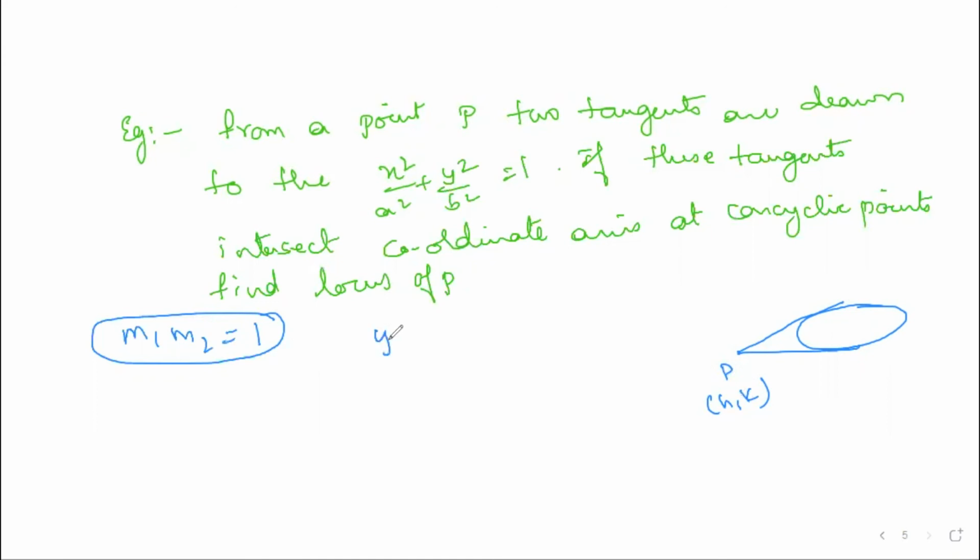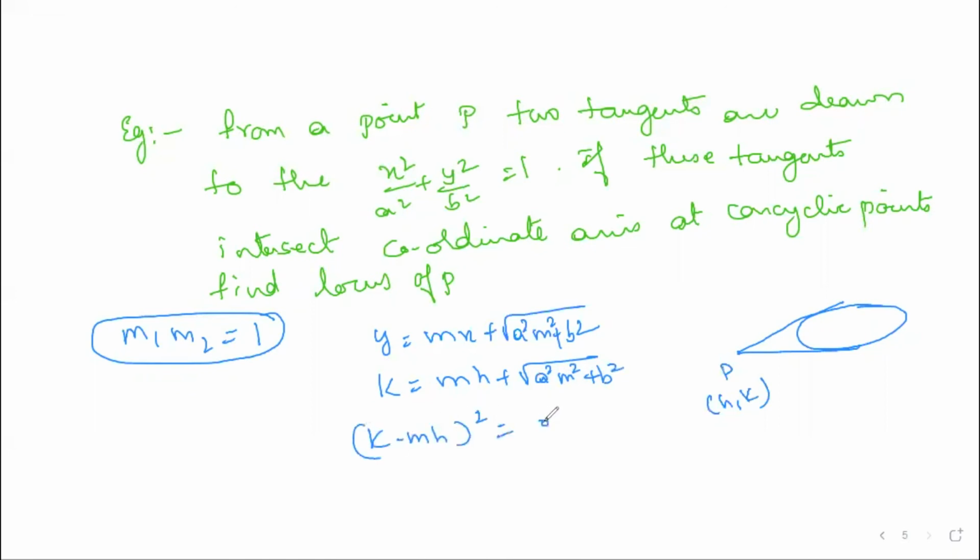The general tangent to the ellipse is y is equal to mx plus square root of a square m square plus b square. Now we will allow this tangent to pass through h comma k. So this gives us a quadratic equation in m: k minus mh whole square is equal to a square m square plus b square.